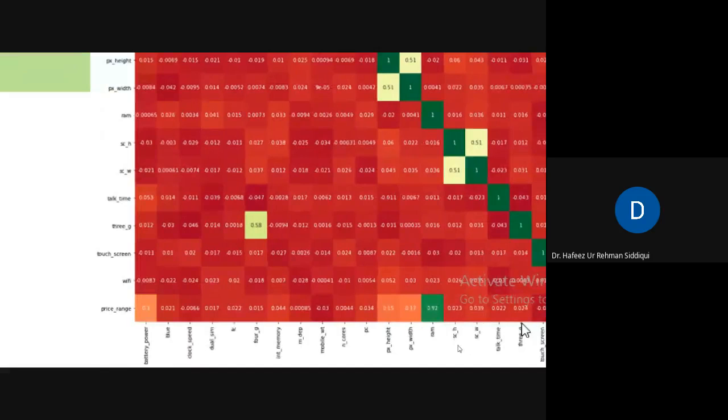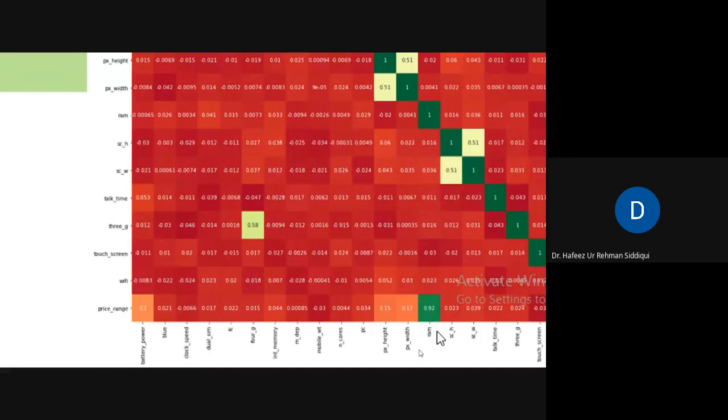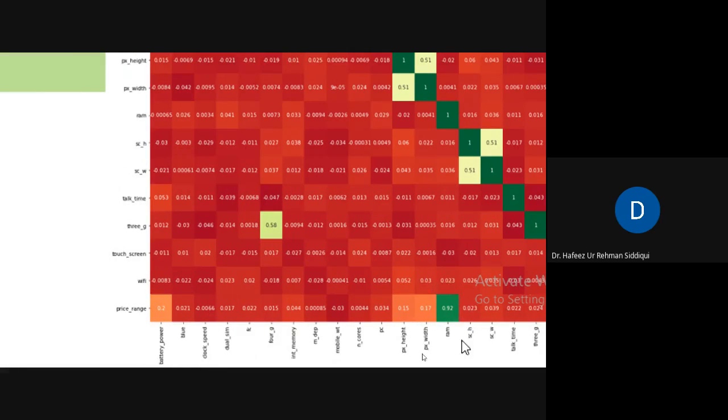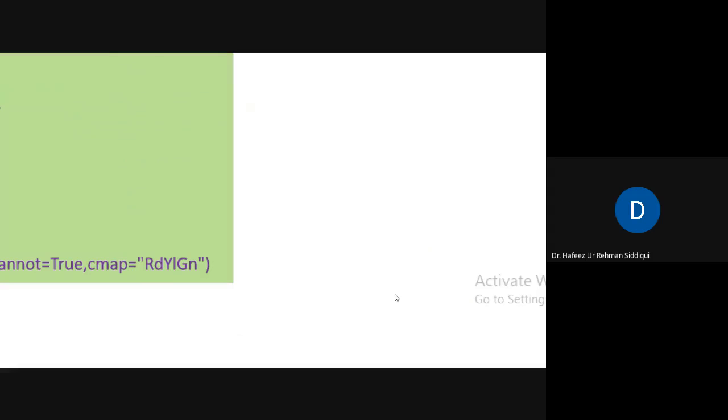Look at this. RAM is a feature. RAM has a relation with price range, and you can see a very strong relation, 0.92, and RAM has a relation with this feature of 0.023. So from here you can see which feature correlates with other features and how strong it is.